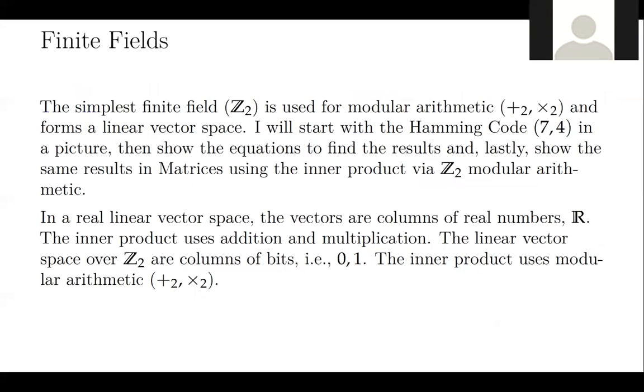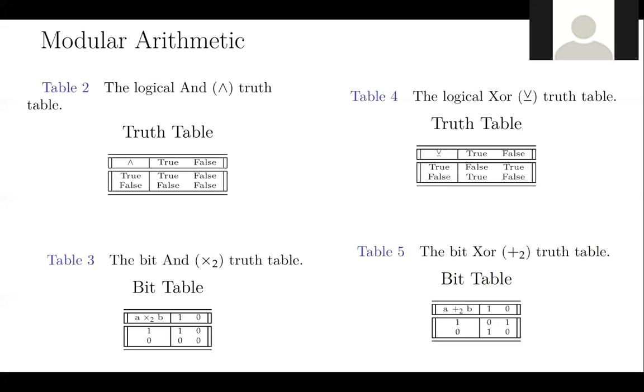I think that table is incorrect though, right? An error? You have 1 times 1 as 0? No, I have 1 times 1 is 1. 1 times 0 is 0. 0 times 1 is 0. And 0 times 0 is 0. Are you looking at the bit table? If you take this times this, you get this.